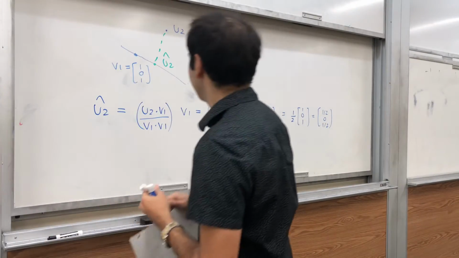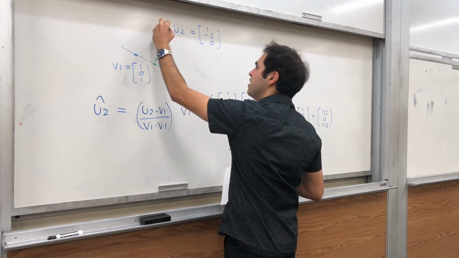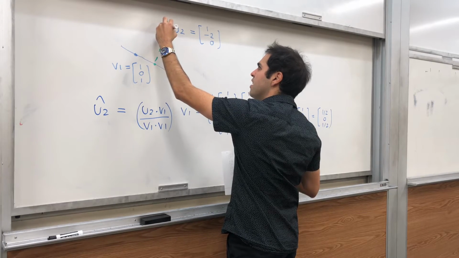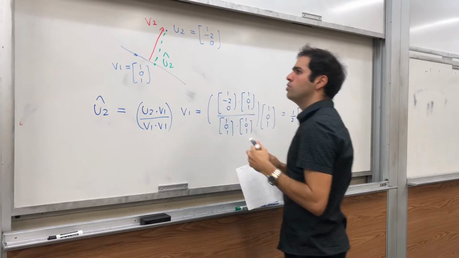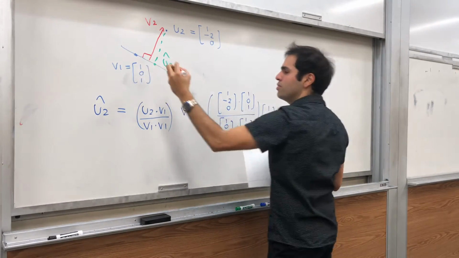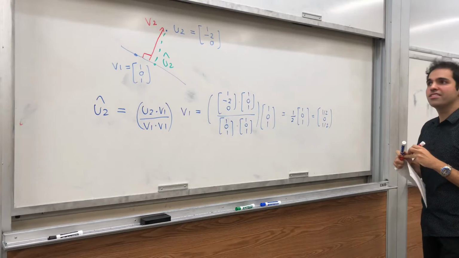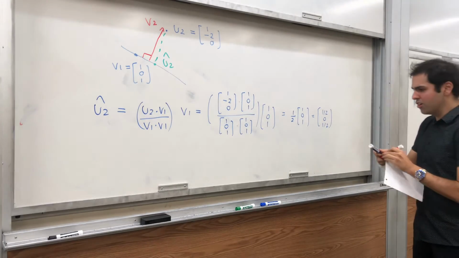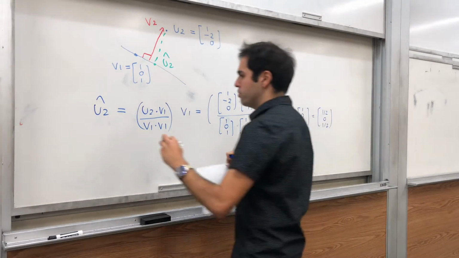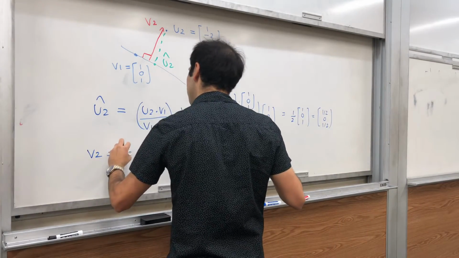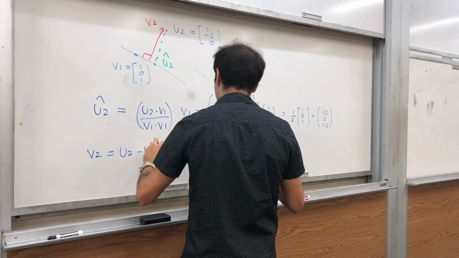And then, what is the vector V2? It's simply a vector that's perpendicular to V1, which in this case is U2 minus U2 hat. So that's V2. So you see, that's why the Gram-Schmidt process produces an orthogonal basis. So V2 is U2 minus U2 hat.